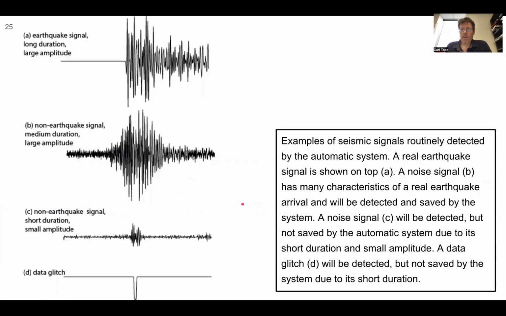These are examples of seismic signals routinely detected by the automated system. Here's a real earthquake shown at the top. This is a noise signal, a non-earthquake signal, medium duration, could be a car driving by. In this case, here's a non-earthquake signal, short duration, small amplitude.